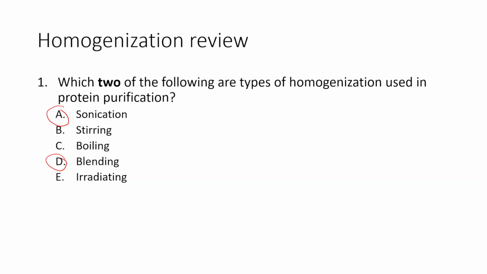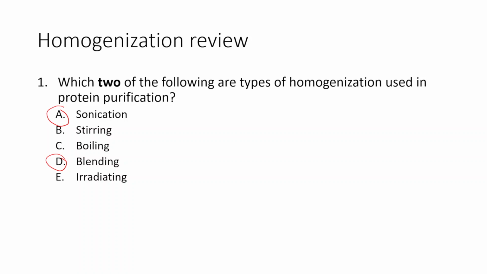Sonication is when we use essentially sound waves to vibrate cells and destabilize their membranes and cause them to open up. Blending is just simply using the sharp blades in a blender to physically break open cells or tissue. These other things here are also different things you can do to solutions with cells in them, but they don't necessarily homogenize the cells or cut them open.